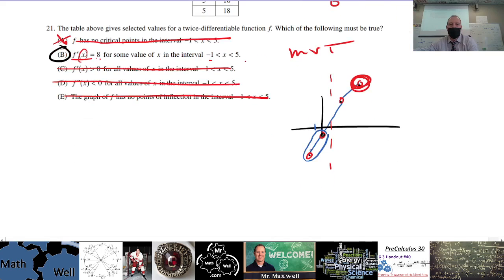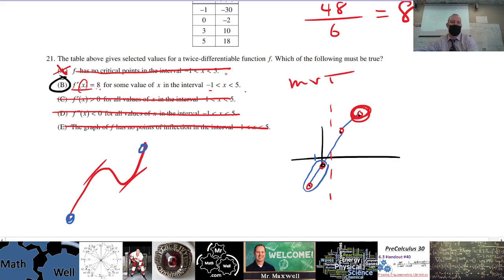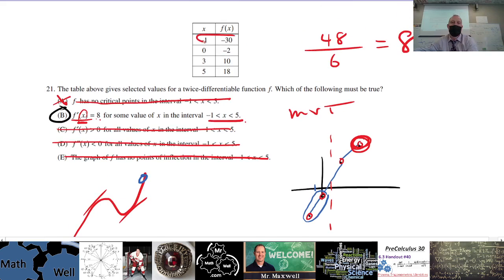No matter what this graph looks like, the graph could look like this, and there would be a 28 there, or it could be something like this, and there'd be a 28 here and a 28 here, whatever. Do you know what I mean? Yes. But finding the slopes of each section doesn't really help us too much because they're talking about the entire interval from -1 to 5. So yeah, you'd want to take this point and find the slope.